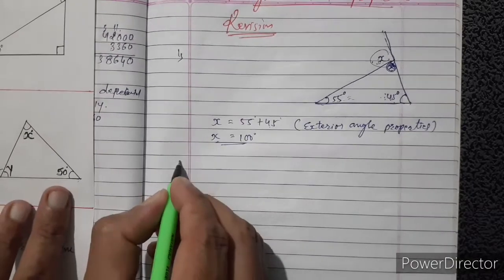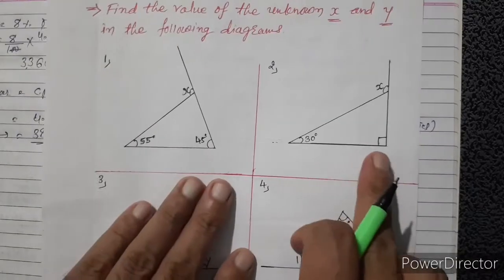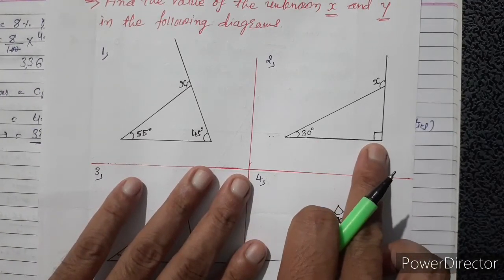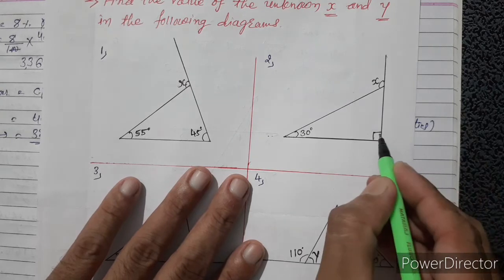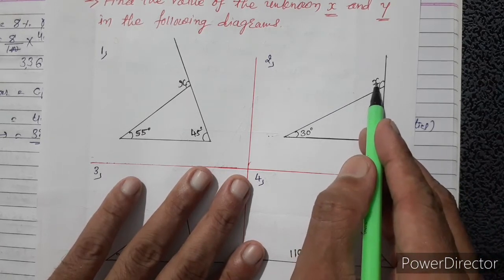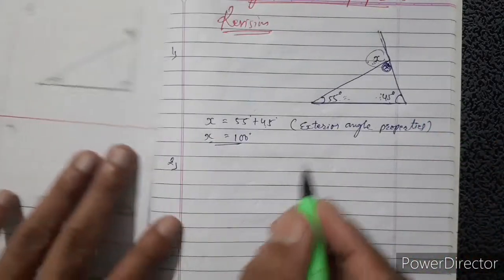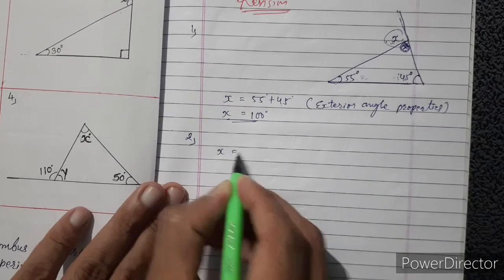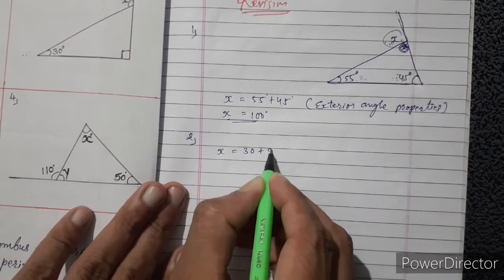Clear? Number 2, look here. 30 here, and the sign of a right angle is there, so that is 90 degrees, and here x is also an exterior angle. So the same applies. You just draw the diagram here and write x equal to 30 plus 90.